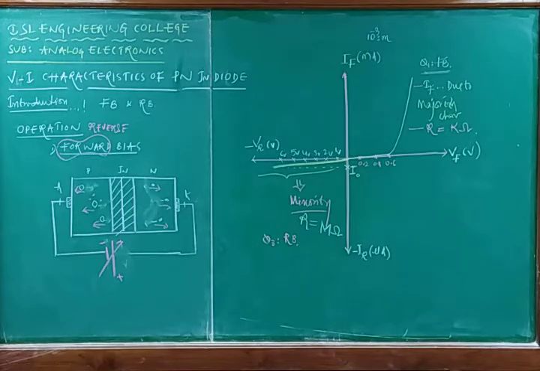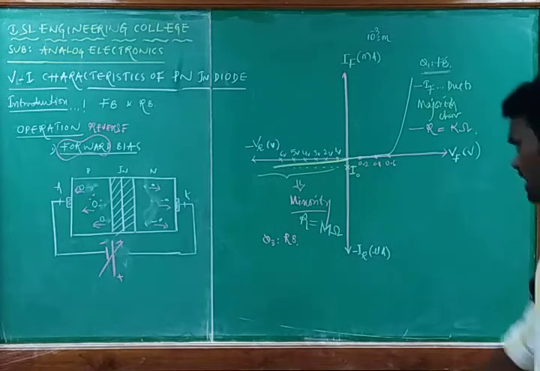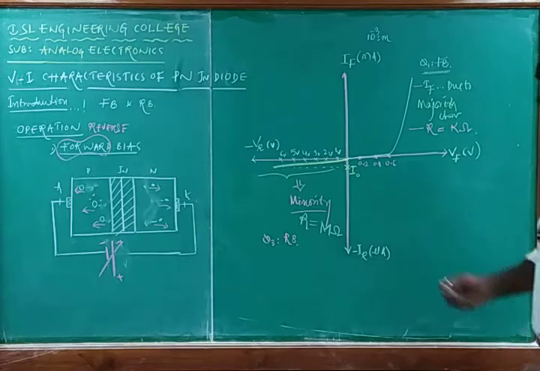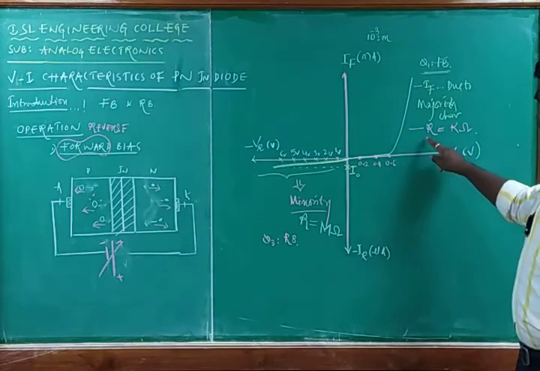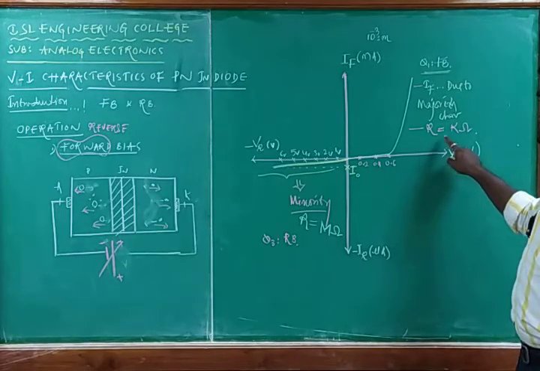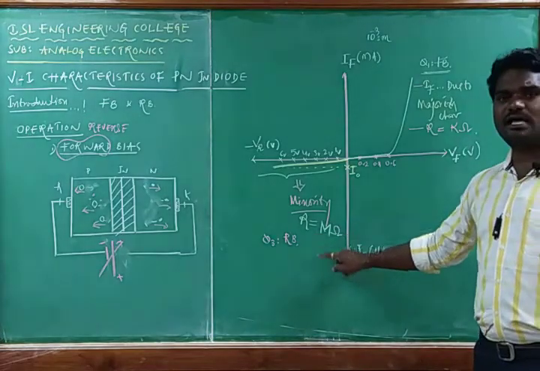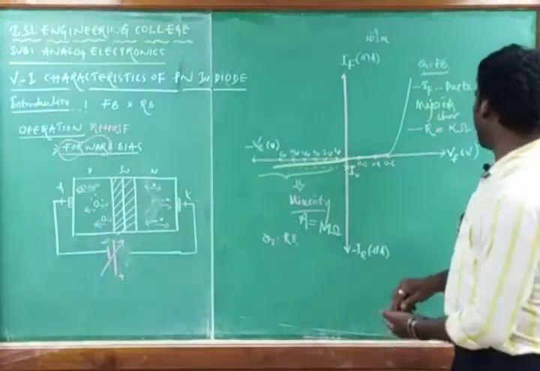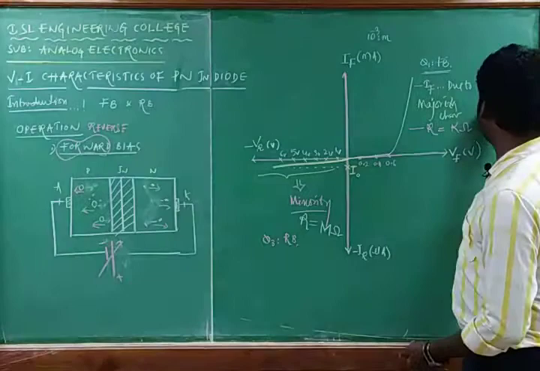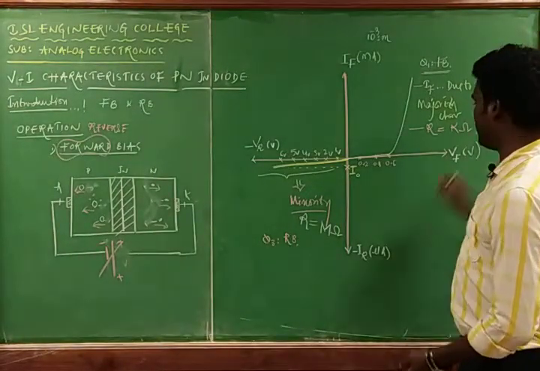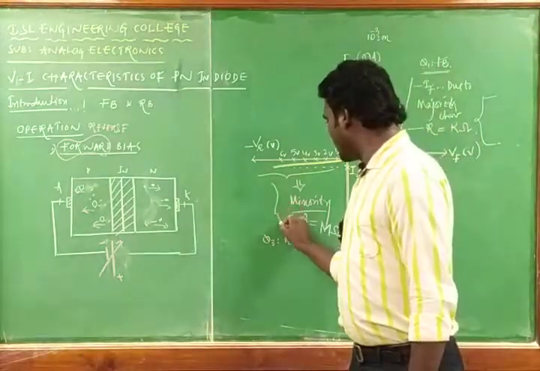In forward and reverse bias, again you can define two resistances. In forward bias the resistance is in kilo ohms, and in reverse bias the resistance is in mega ohms. There are two types of resistances we can define in forward bias and reverse bias.